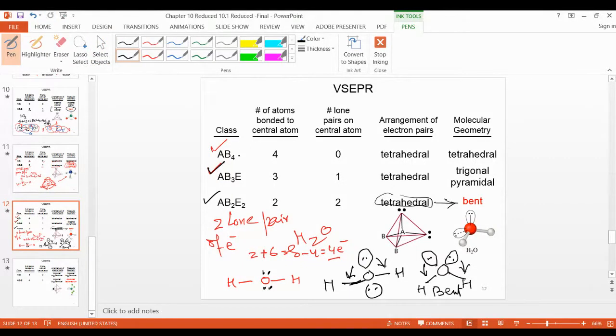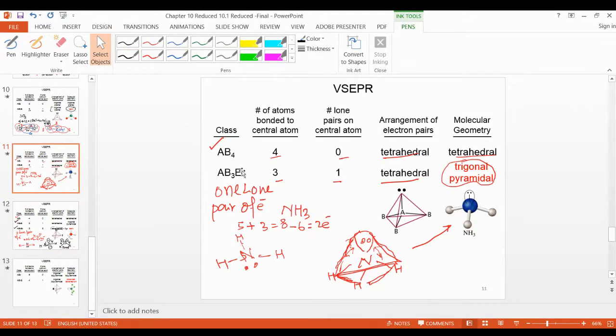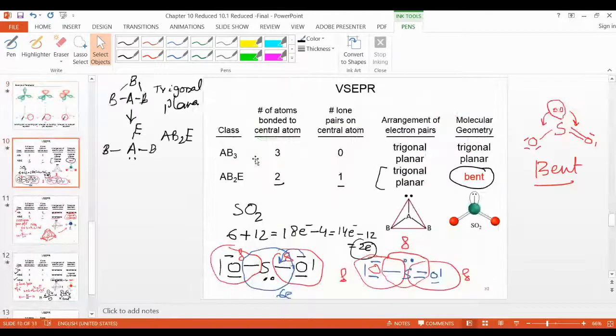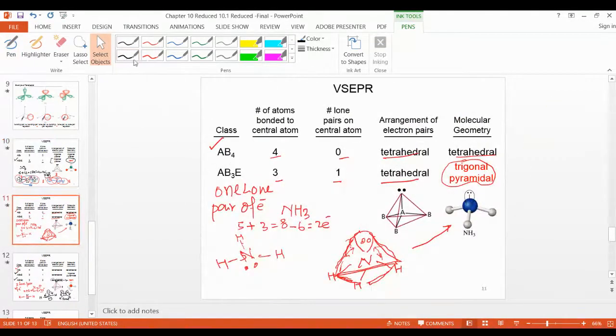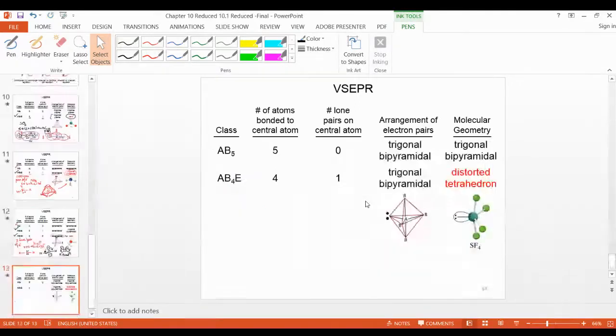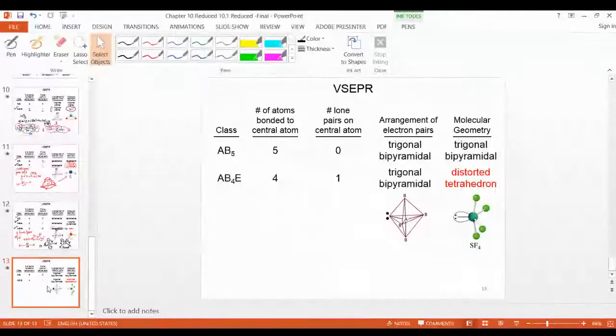It is base 2, because it starts from AB3. So this is 1, this is AB4, now this is 2, and now this is 3. So there are 3 examples with lone pairs of electrons on the central atom. Okay, now this one I am not going to take, so I delete this one.